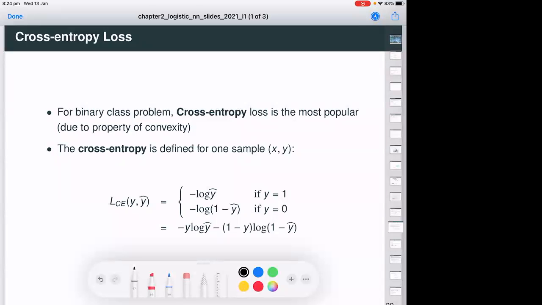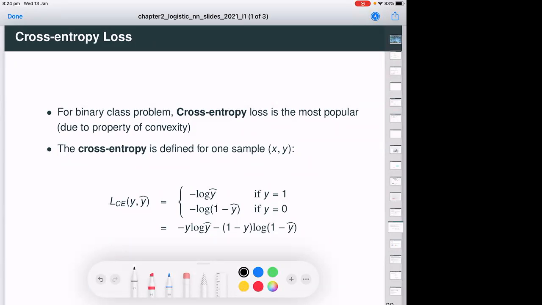We will see today that we use it because it's handy: it is convex, it will give us a convex optimization problem. And just to give you intuition that the cross entropy is a good way to evaluate if our prediction is close to our real value.